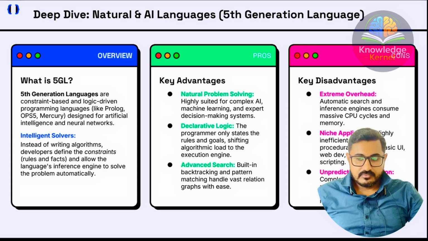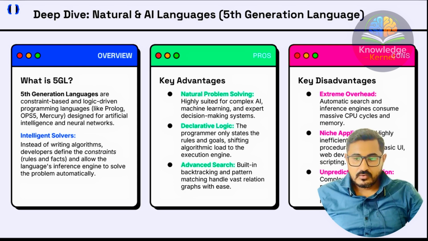Second, the declarative logic. The program must only state the rules and goals, shifting the entire algorithmic heavy lifting over to the execution engine. The third is advanced searching capabilities. Built-in backtracking and pattern matching allow fifth generation languages to traverse and evaluate vast relation graphs with ease.